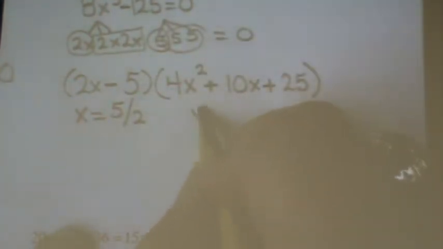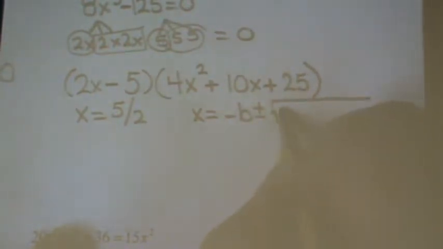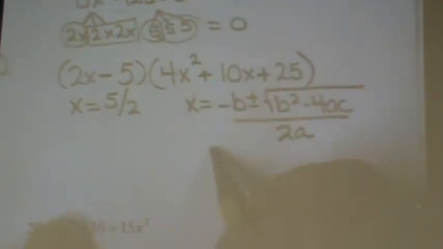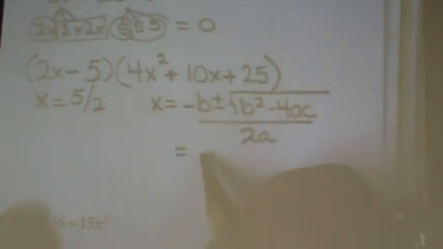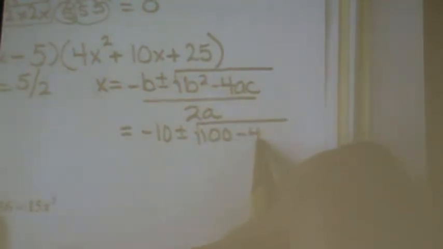It's going to be x is equal to -b plus or minus. Now, if that were a 20, it would work. B squared minus 4ac all over 2a. I write this out all the time. It helps me. So you get negative 10 plus or minus 10 squared is 100 minus 4 times a is 4 times 25.